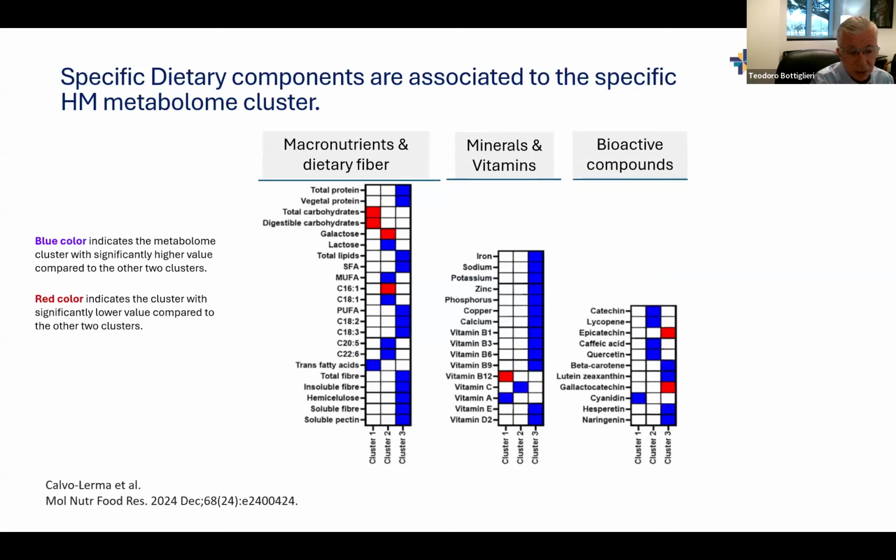And so in cluster 3, where we had decreased triglycerols, we see that this is associated more with the diet that had more macronutrients and dietary fiber, and again for vitamins and minerals. And there is some increase in cluster 1 here for the total carbohydrates and digestible carbohydrates, as well as for B12 in cluster 1 in the minerals and vitamins. So there were distinct associations with these metabolome clusters and these various food categories.